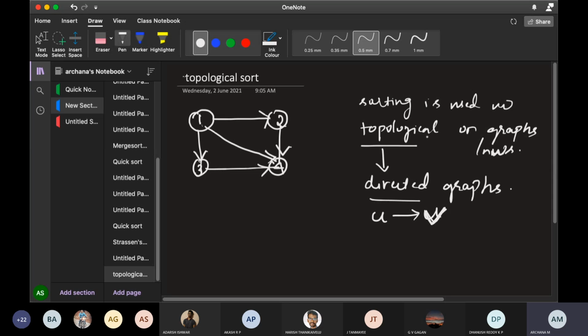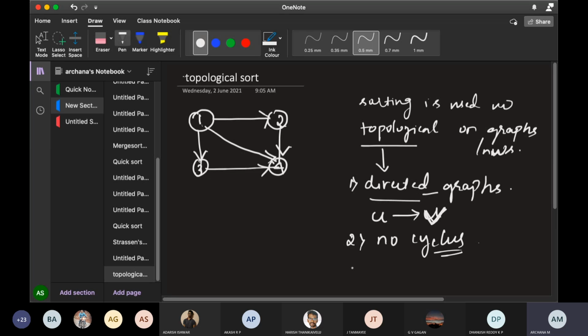Another very, very important thing is that topological sorting works only on a directed graph, and second, it should be acyclic. No cycles should be there in the graph. Why?